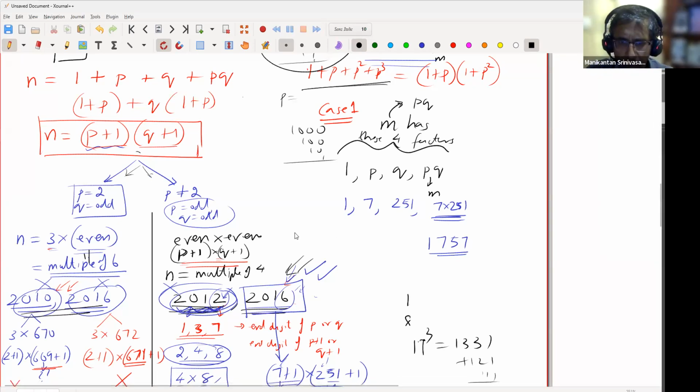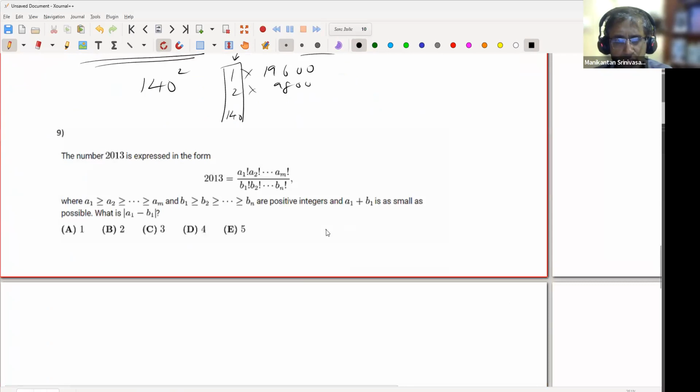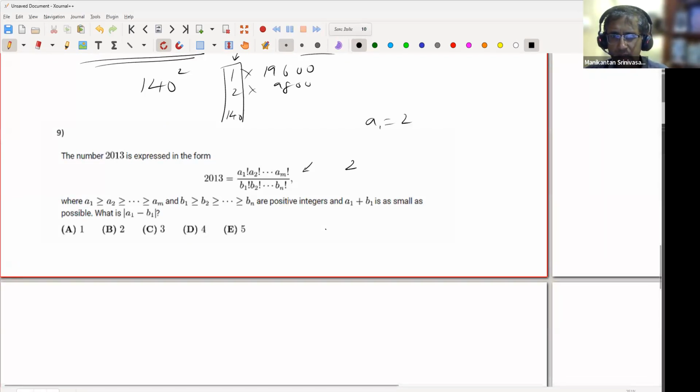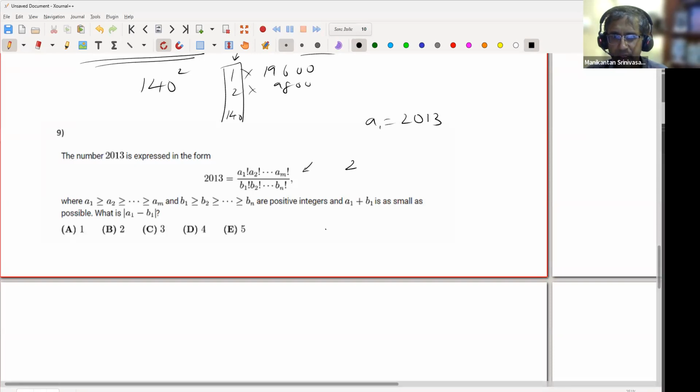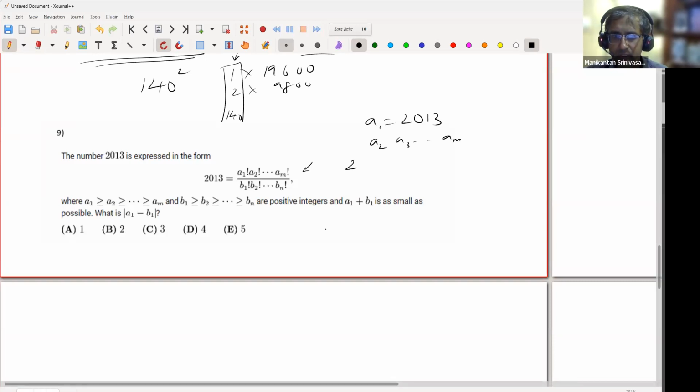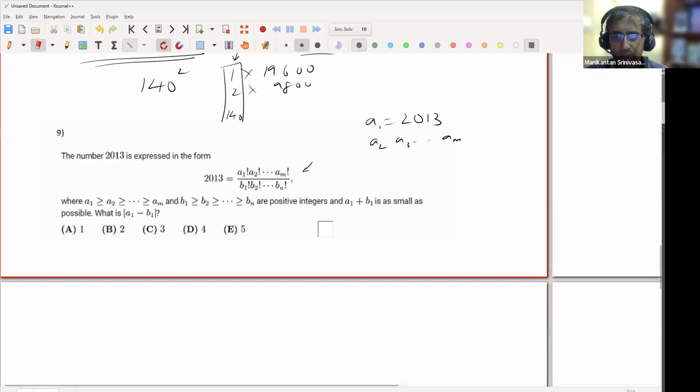Okay, nice. So this one, the number 2013 is expressed as some factorials divided by another set of factorials. What is the minimum of the modulus of a1 minus b1, with a1 plus b1 as small as possible? Why does it say a1 plus b1 should be as small as possible? For example, I can have a case where a1 is a number like 2013 itself, and then a2, a3 all the way till am match b1, b2 all the way till bn.